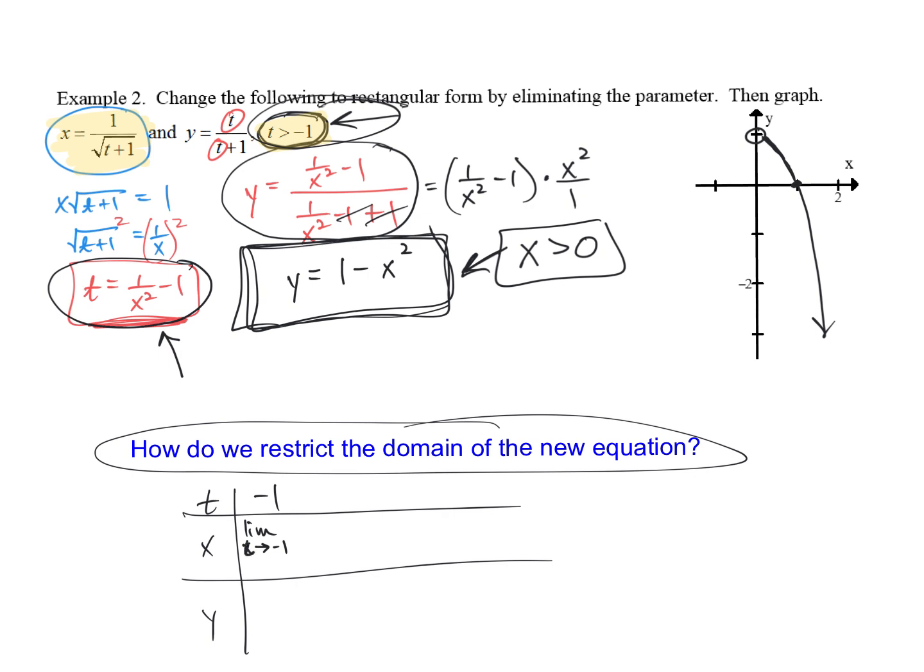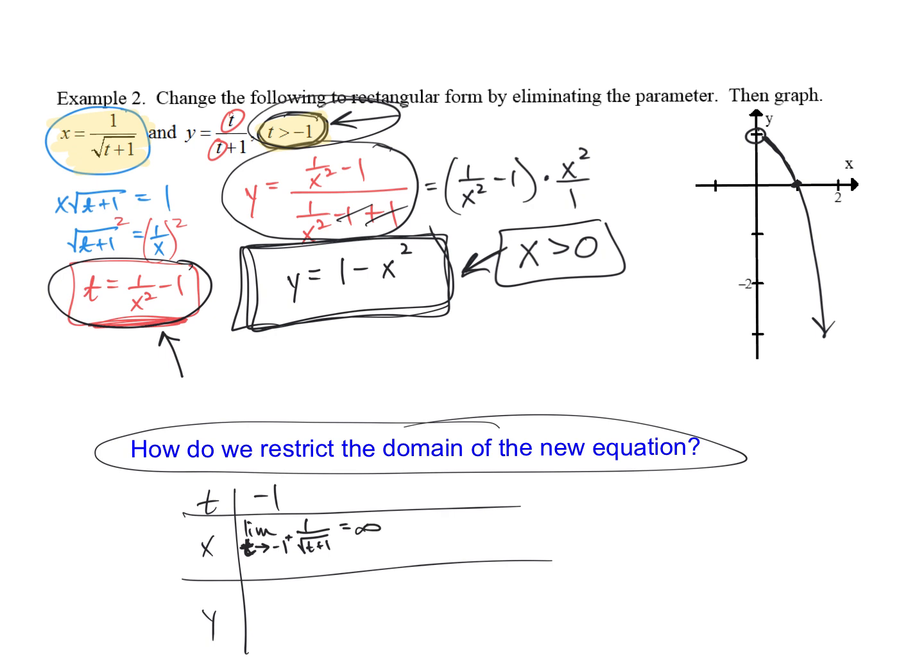As t goes to -1 from the right of 1 over square root of t plus 1, what would that go to? Infinity, yeah, because it makes the denominator really, really small.